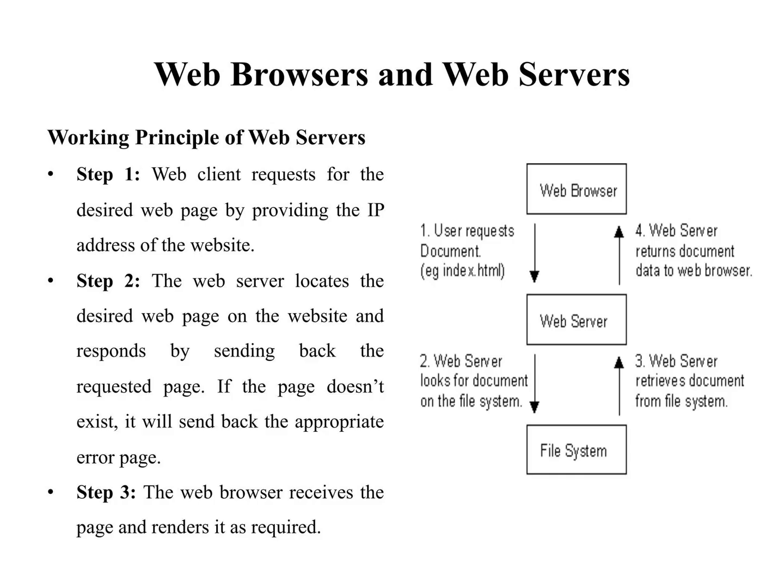Then from the file system it takes the document and sends it back to the web server. Then the web server returns the document back to the web browser. This is the architecture of the web server.